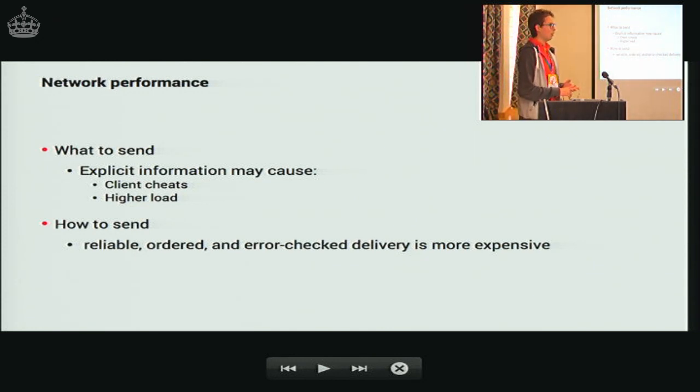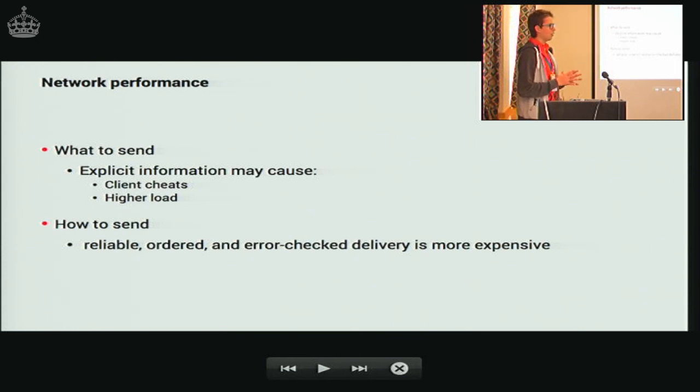First, we have a limited channel, and we have to send only the information that is needed by the client. The second is a gameplay limitation, because if we send some explicit information, the client may cheat using it. So we have to limit any packages we send to the client, and that is also good for network performance because we send less information.